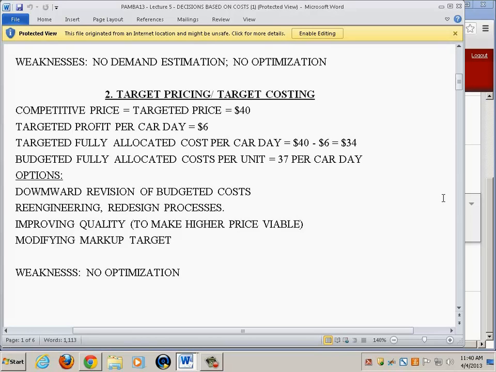But of course, it still doesn't address the question of demand, in the sense that it doesn't address how many units we are able to sell at 40. We have to know the demand to know how many units we have to sell at 40, and it doesn't broach the optimization issue. How much do we have to sell and how much do we have to charge in order to maximize profits? So any questions about target pricing, target costing?